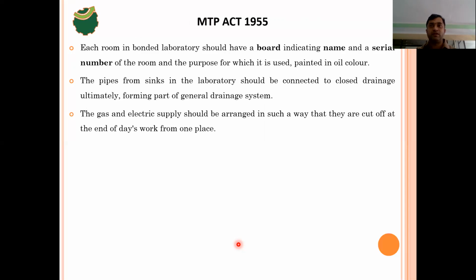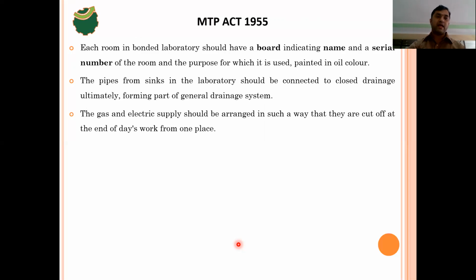Why? Because in this bonded or non-bonded laboratory, you are using alcohol and other products for preparation of these medicinal and toilet preparations. So whatever the usage will be, it should go directly into the general drainage, and it should be closed.